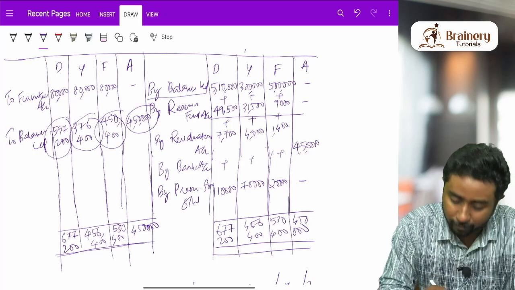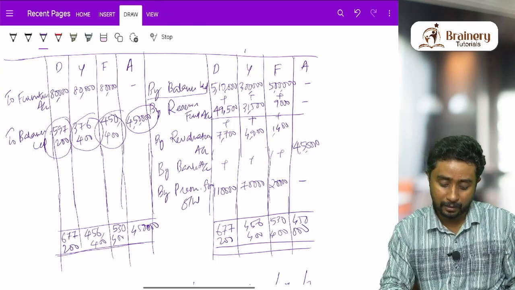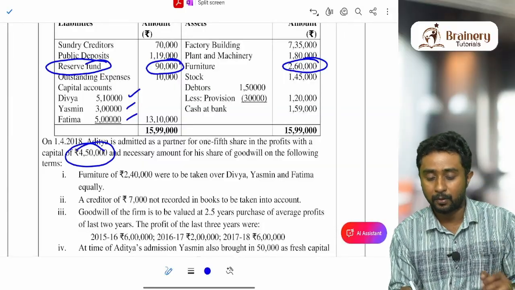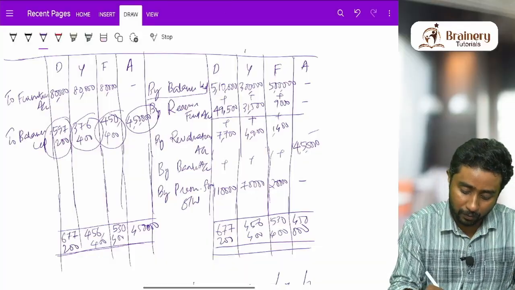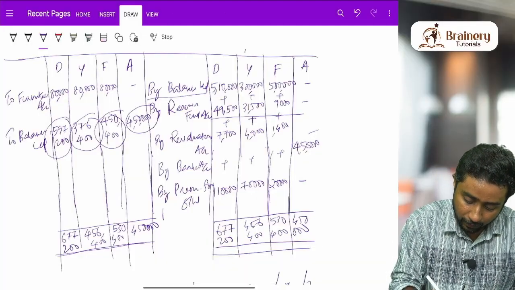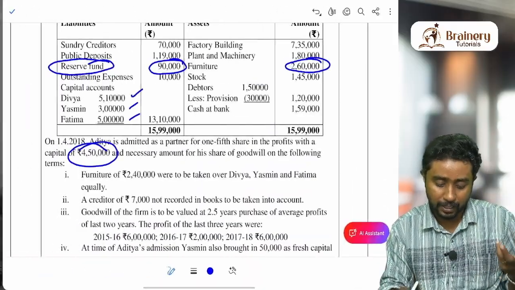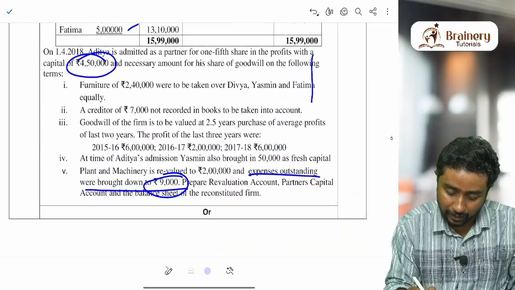You can see here one by bank is written. What does that mean? Here one partner is bringing capital, 4,50,000 capital, and 4,50,000 is recorded here. Again, one more by bank you can write, and mention whose capital. One more person is bringing additional capital. What is that?